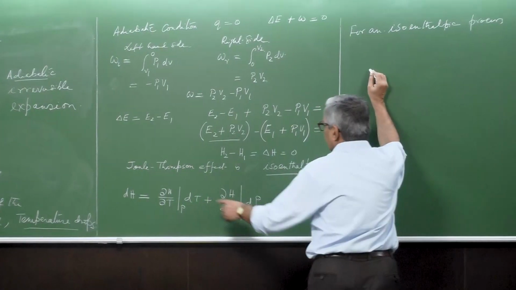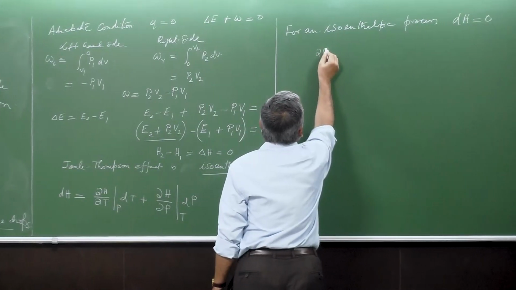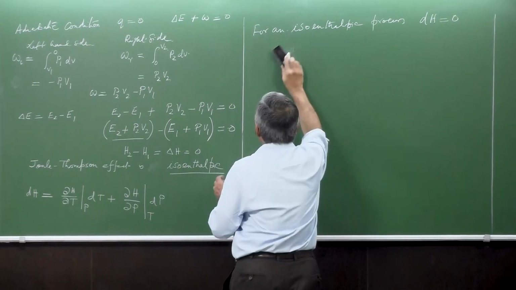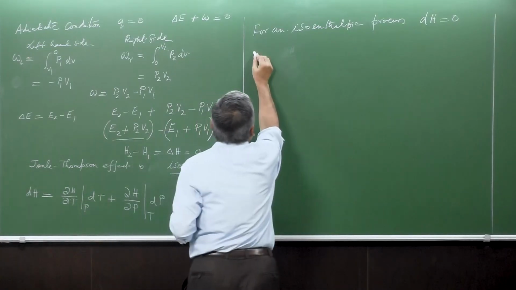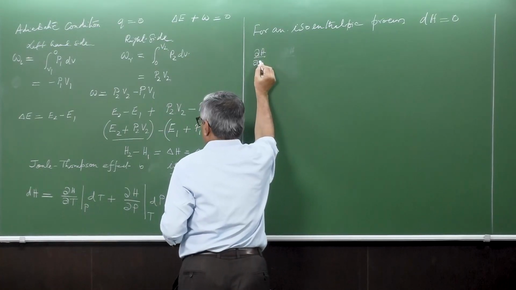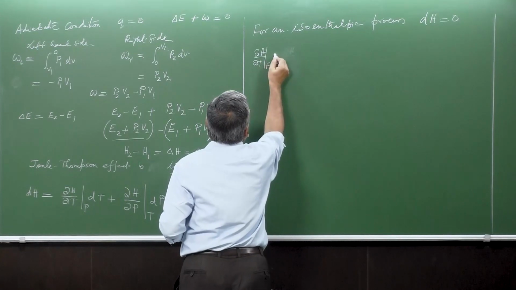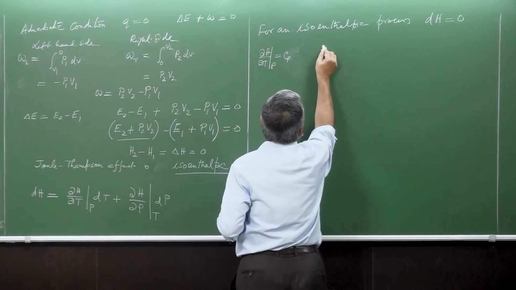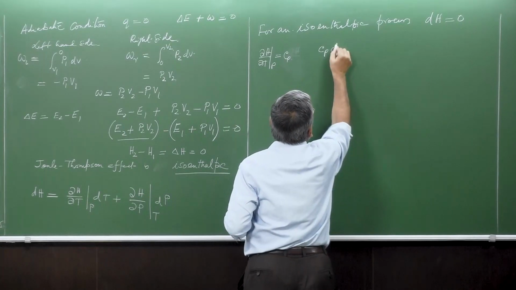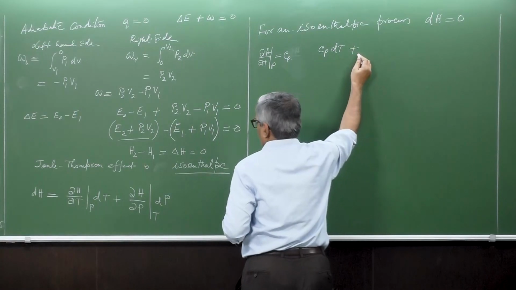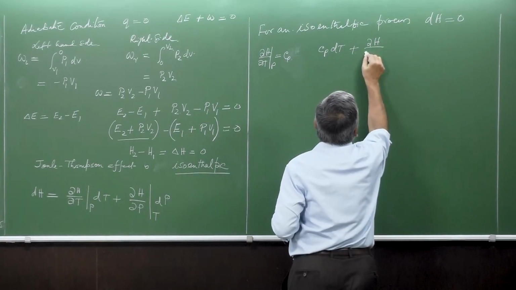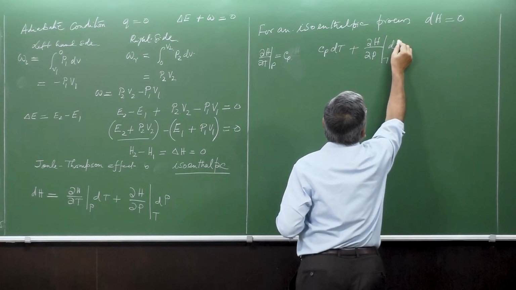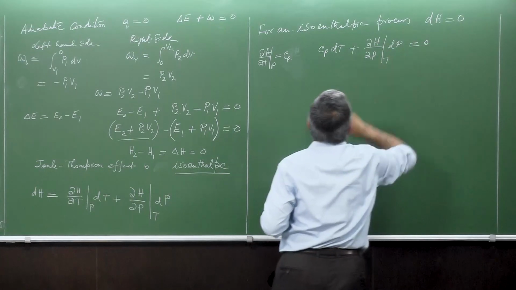So if the left hand side is 0, that means del H del T at constant pressure is basically Cp, that we have already discussed. So it is Cp times dT plus del H del P at constant temperature times dP, equal to 0.